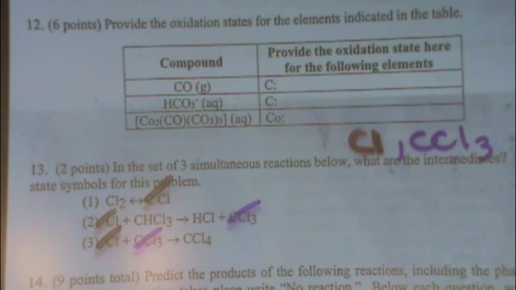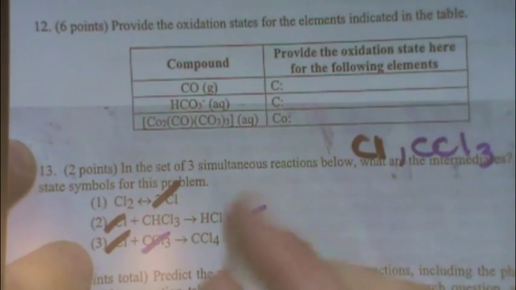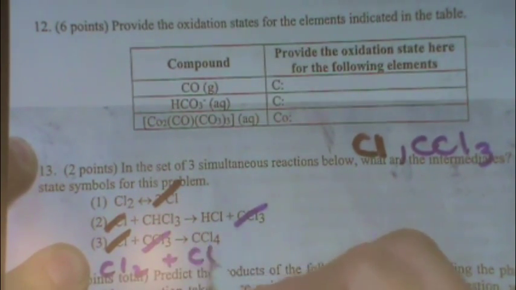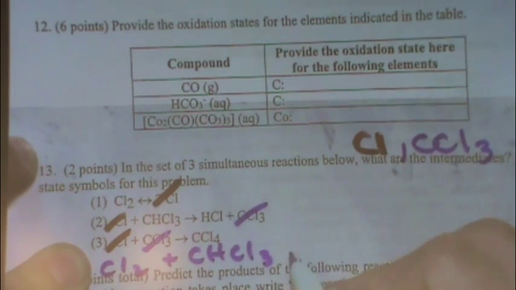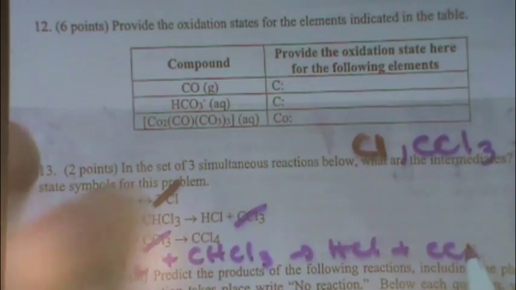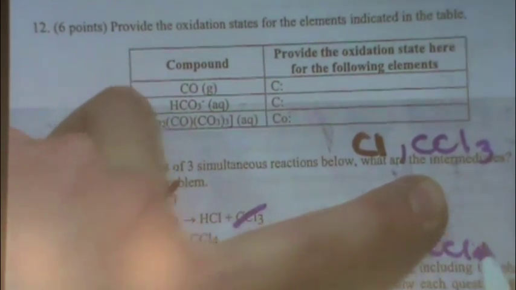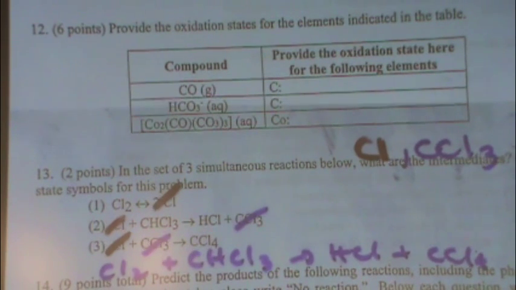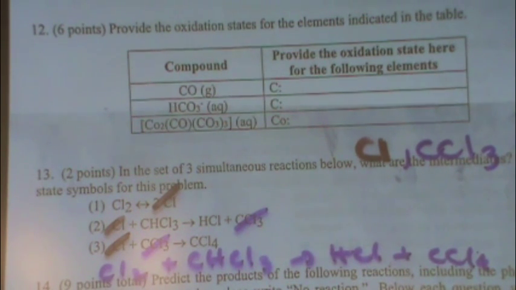And then really, if I wanted the overall, so this is going a different direction where I don't give you the overall and I ask you for it, then you would just need to add it up, where the Cl2 plus the CHCl3 goes to the HCl plus CCl4.